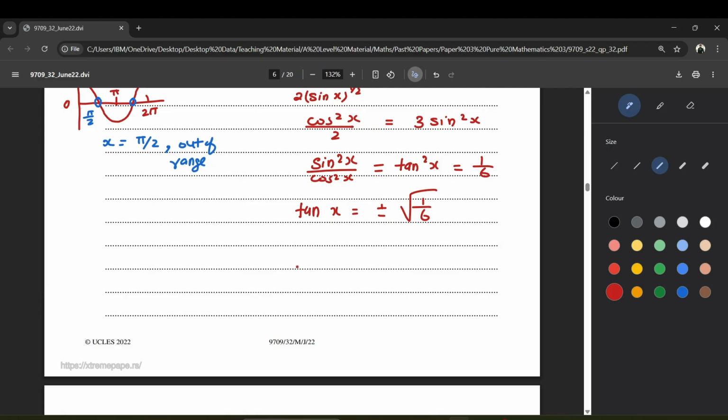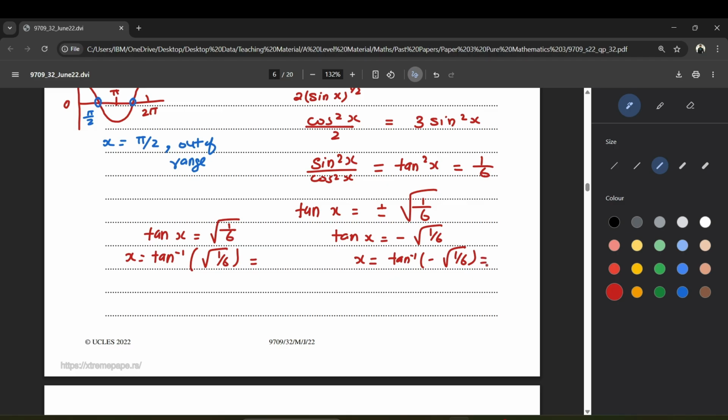Now, we can use these two equations. We can say that tan x is equal to square root of 1 upon 6. So x is equal to tan inverse of square root 1 upon 6. That will be equal to something. We'll just come back to it in a bit. tan x is equal to minus root 1 upon 6. x is equal to tan inverse of minus square root of 1 upon 6.